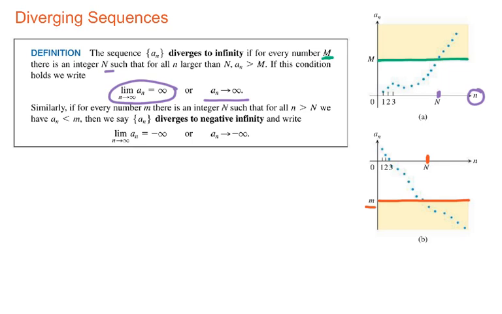For every small m value, there exists an integer N such that for all of the indices past N, we have terms that are below that lowercase m value. In that situation, we would say it diverges to negative infinity.